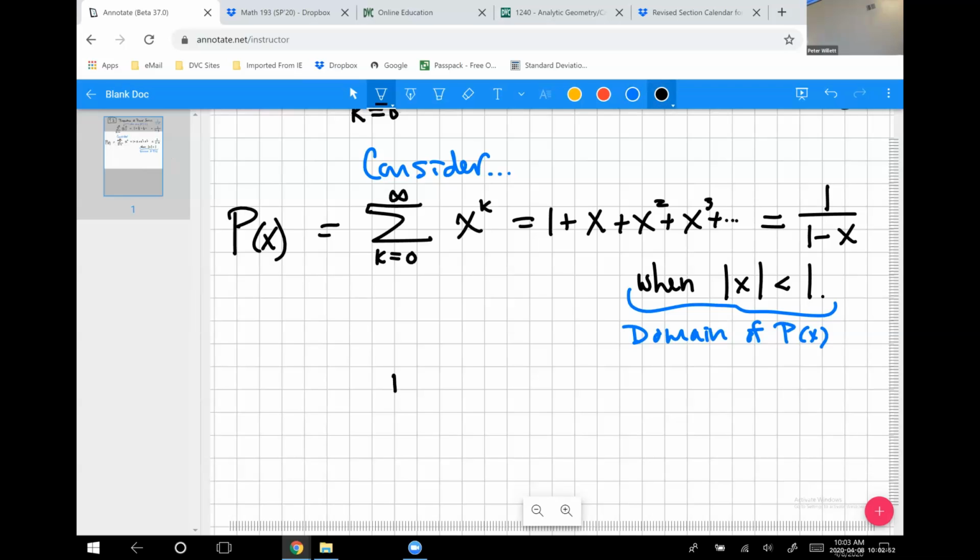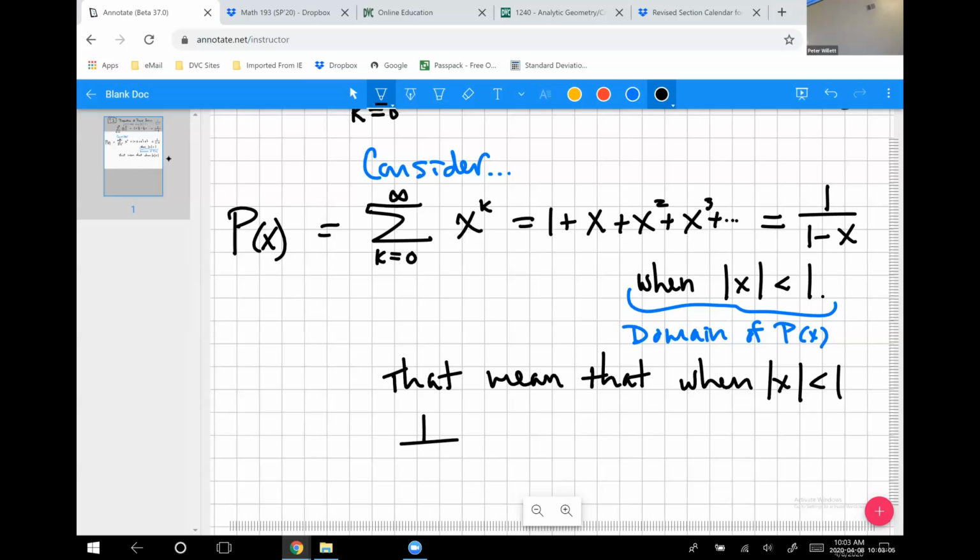That means that when the absolute value of x is less than 1, 1 over 1 minus x is equal to the result you get if you plug x into this infinite polynomial. And so this is our first big idea to think about as we start to look at these power series.